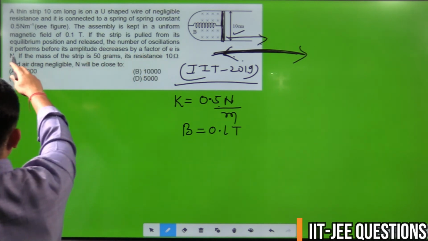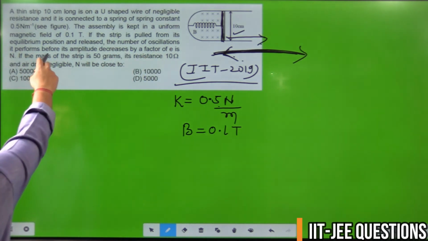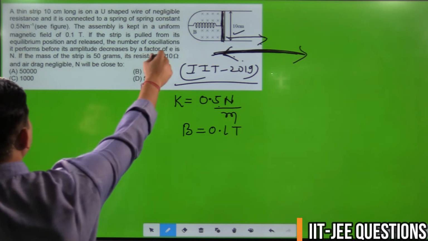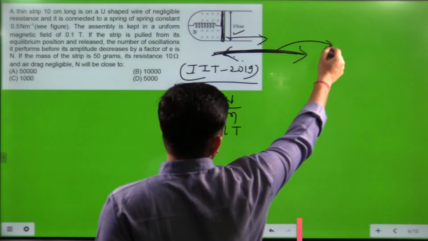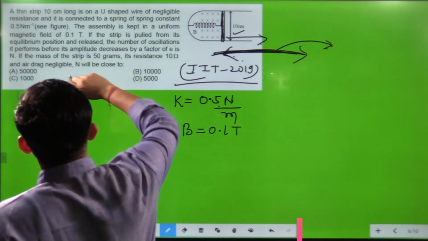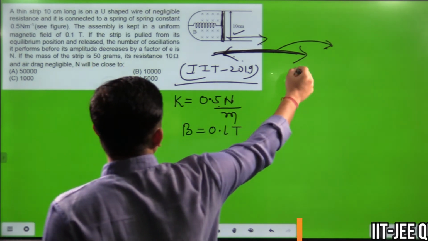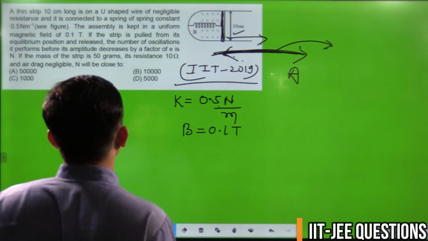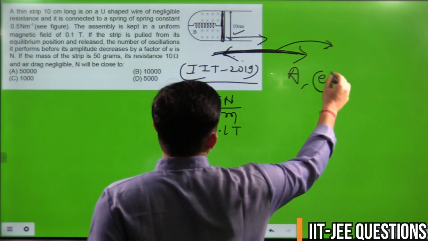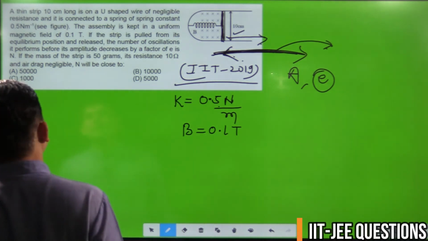The number of oscillations it performs before its amplitude A decreases by a factor of E is capital N.